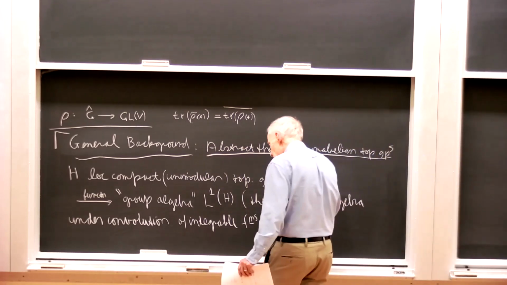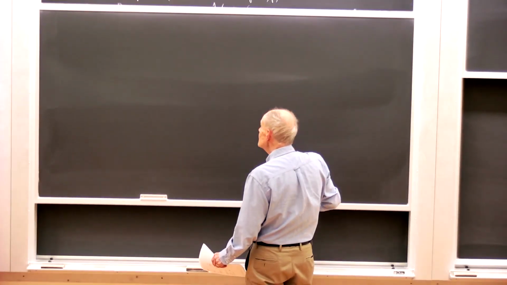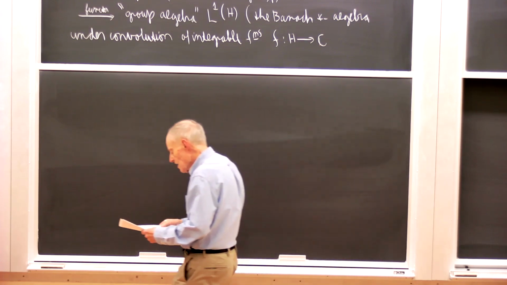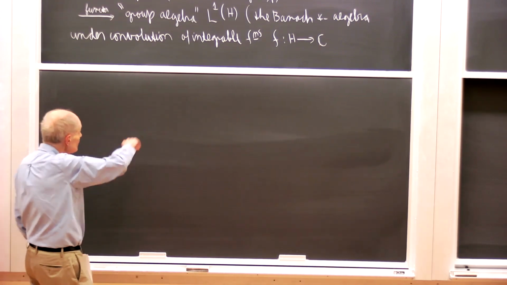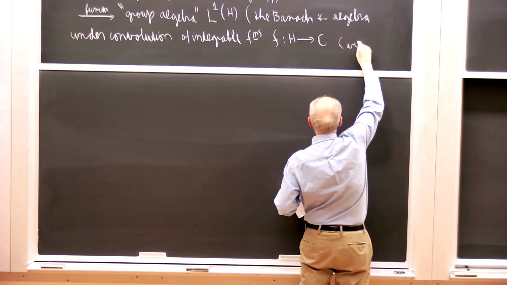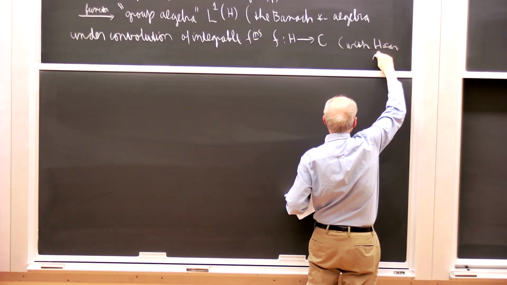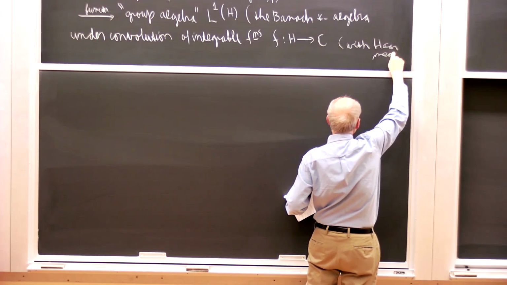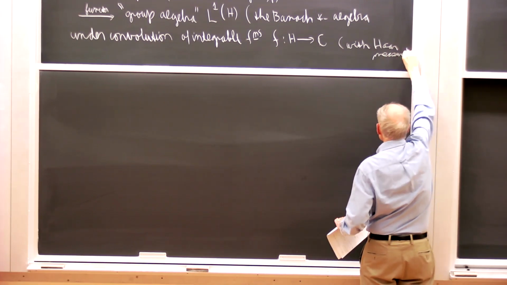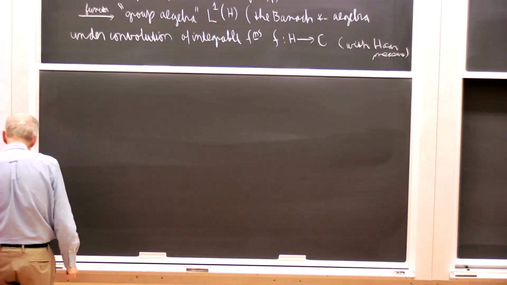So this is L1 functions with, of course, Haar measure. Left and right Haar measure are the same for a unimodular group.